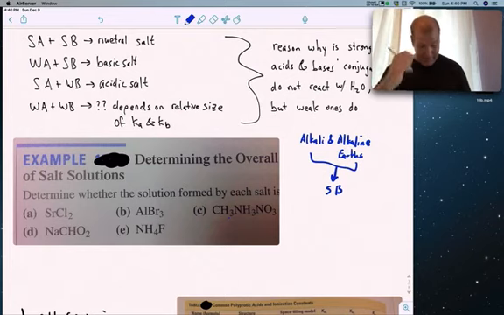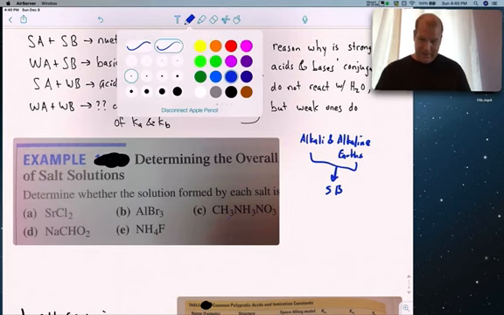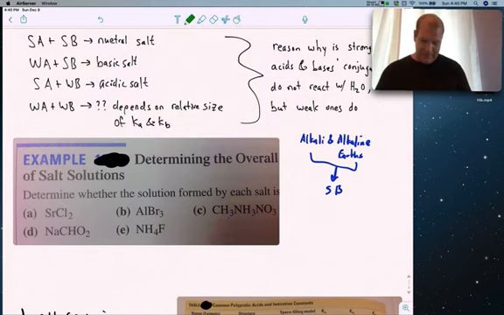Strontium chloride would be the result of the strong base strontium hydroxide and the strong acid hydrochloric acid. So this would be neutral, because that's a strong acid plus strong base. B, aluminum bromide, that would be the weak base aluminum hydroxide and the strong acid HBr.